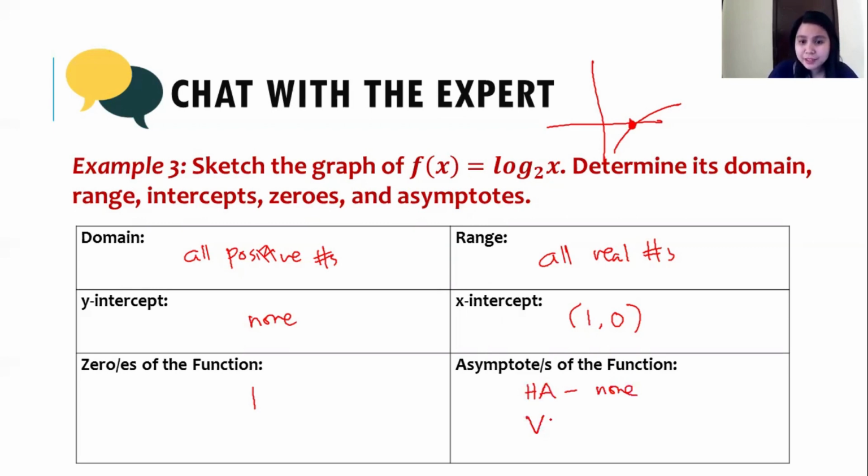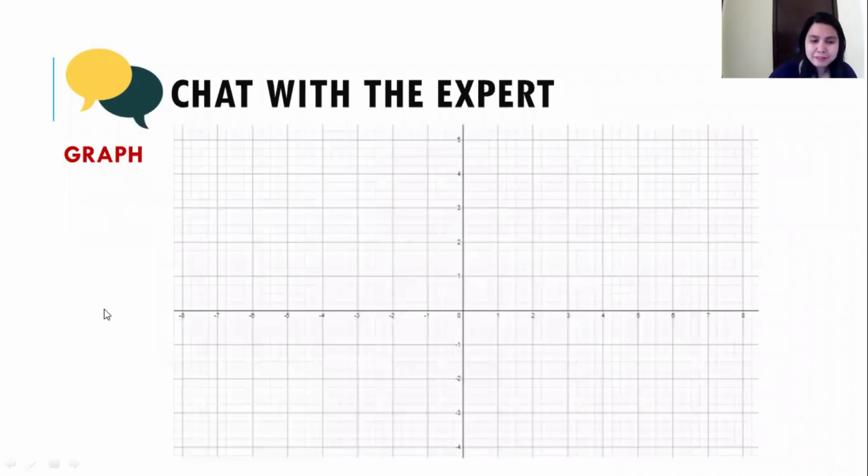But what is our vertical asymptote? Can you tell me in the chat box? What's our vertical asymptote? It will not cross the y-axis. So the y-axis is our vertical asymptote.